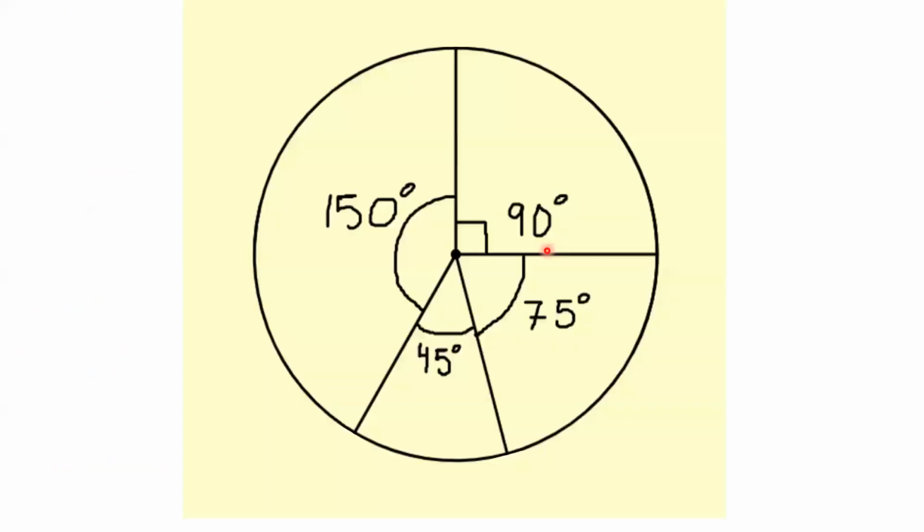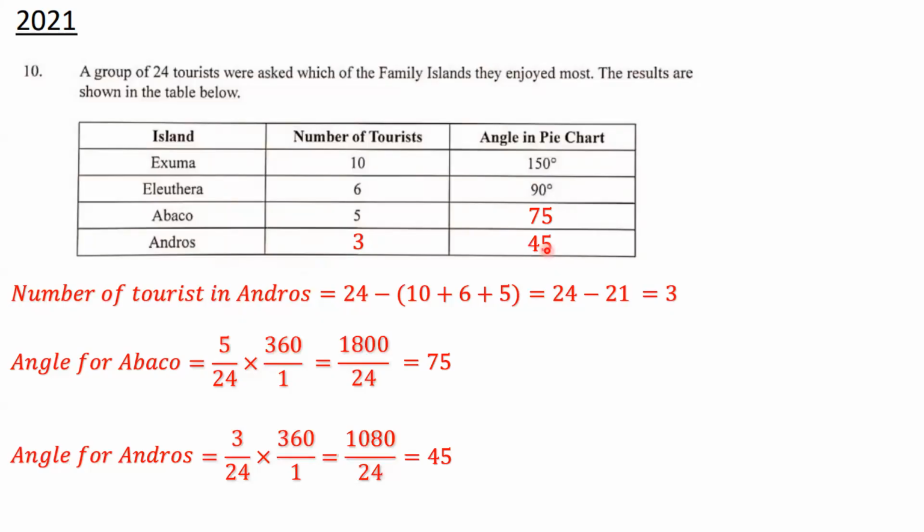Okay, let's move on to the next part. The next part is that they want us to actually draw it out. They want us to draw the pie chart using the angles inside the chart.